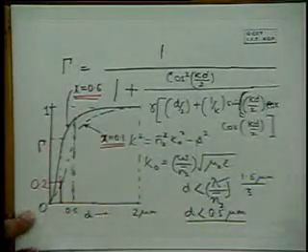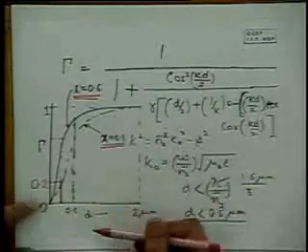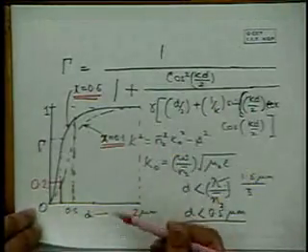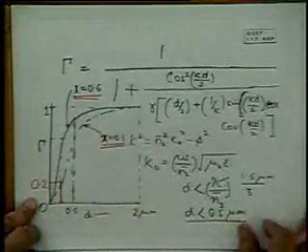d comes into this relation, and for all types of structures, as d decreases, obviously the confinement factor will come down.